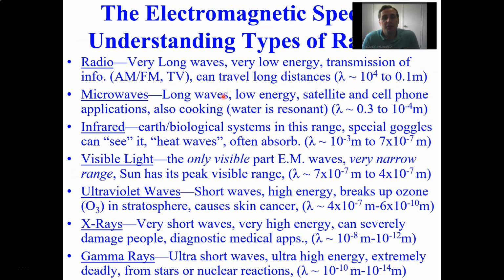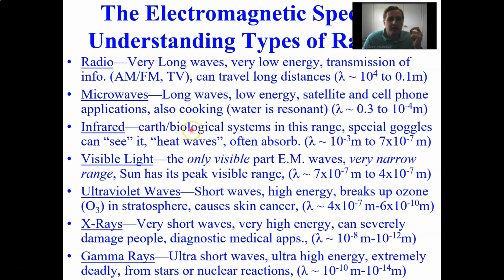So I already discussed most of these. I'll just add a few more details about the electromagnetic spectrum. Radio waves can generally travel very long distances because of the long wavelengths. So that's a very useful part about radio waves. Microwaves cannot travel as far, they're higher energy, but again, they have satellite and cellular phone applications.